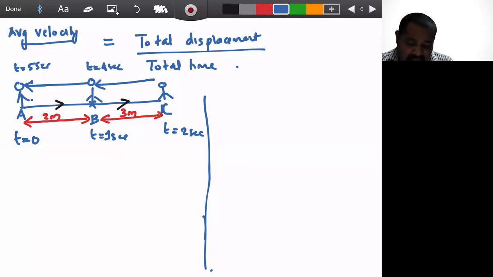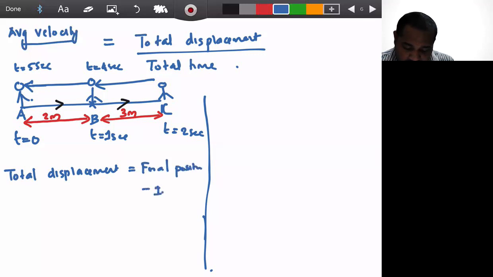So in this case, what will be the total displacement? Total displacement is the change in position, which means final position minus initial position. What is the final position? Same starting point. What is the initial position? Starting point. So what will be the change? 0.